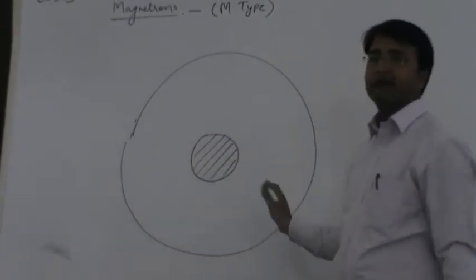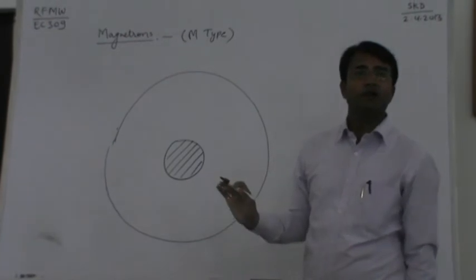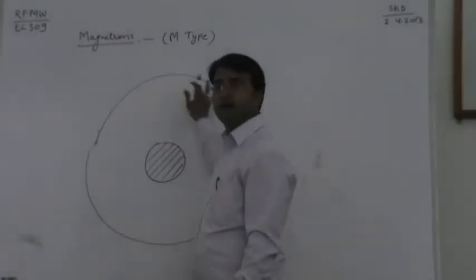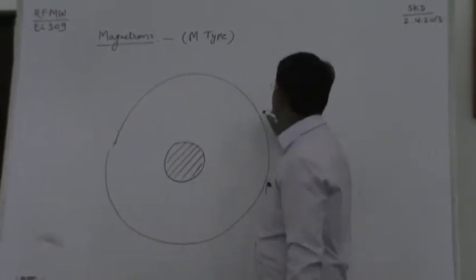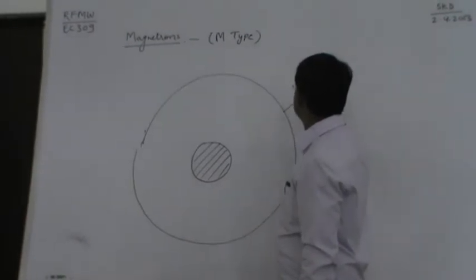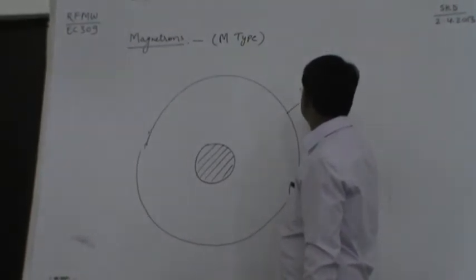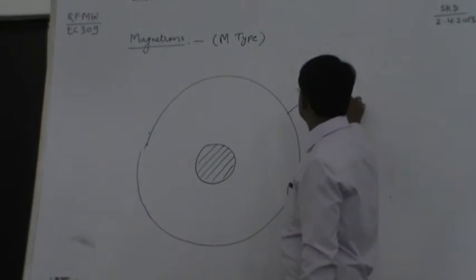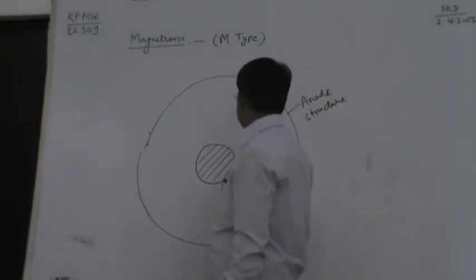It is a basic sketch of the cylindrical magnetron, which has the outer circle showing the anode structure, and the inner is the cathode.